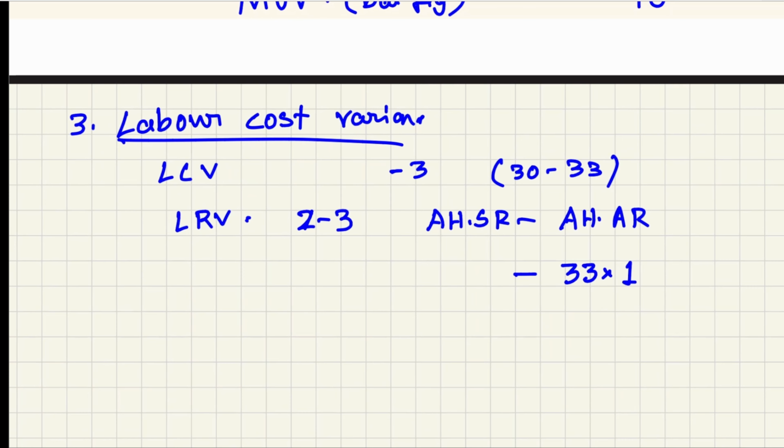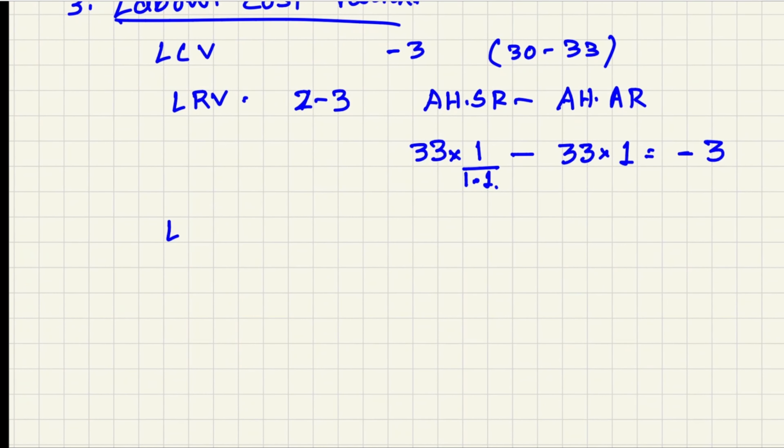Here also AH is equal to 33 and SR is 10% lesser, so into 1 divided by 1.1. 30 minus 33 is equal to minus 3. So labor rate variance is minus 3. So labor efficiency variance has to be 0. Again this is a balancing figure.